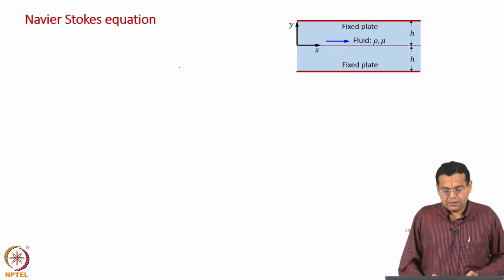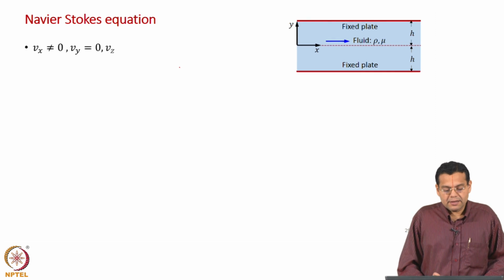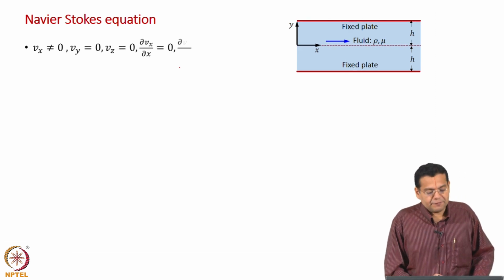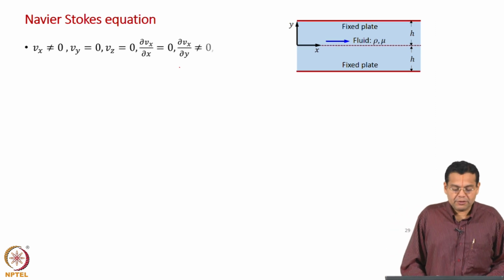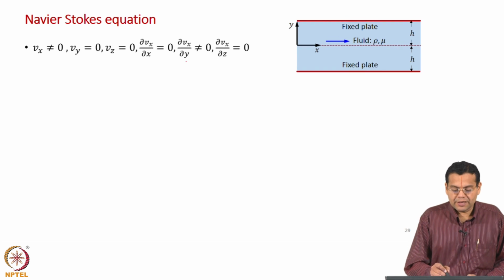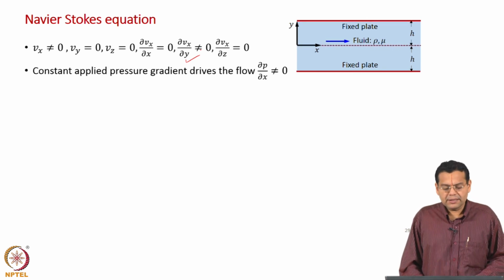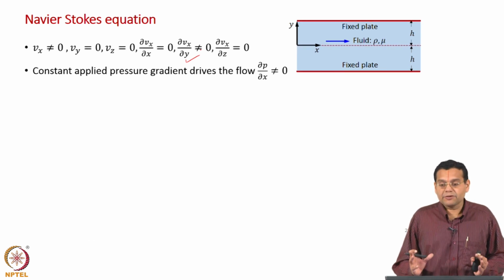Now, let us write the conditions. V x not equal to 0, V y equal to 0, V z equal to 0, and of course, dou V x by dou y not equal to 0, other gradients in other directions are 0. Now, we are going to look at the right hand side of the x component of the Navier-Stokes equation. This is where the difference comes.